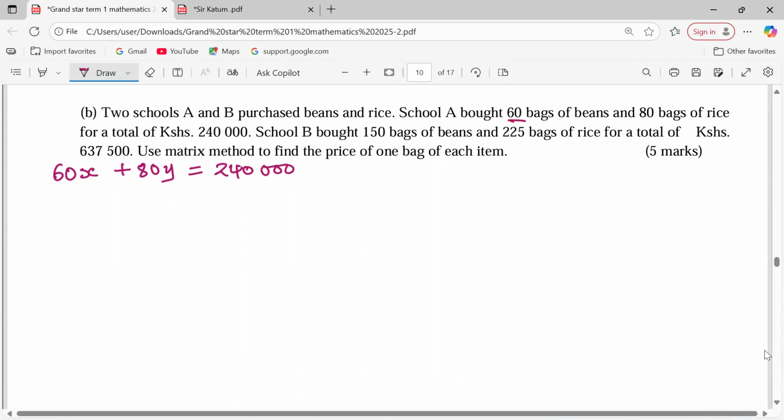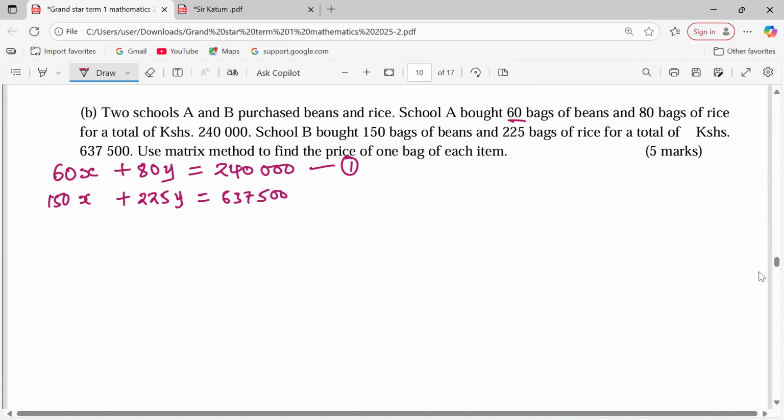Then the other school, we give equation 1 to this. The other school now, which is school B, 150 of beans by X. The other one, 225 at Y, each bag of rice at Y. This now led to a total of 637,500.